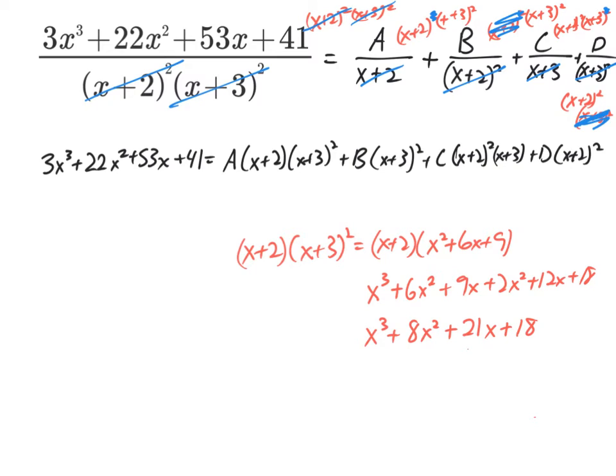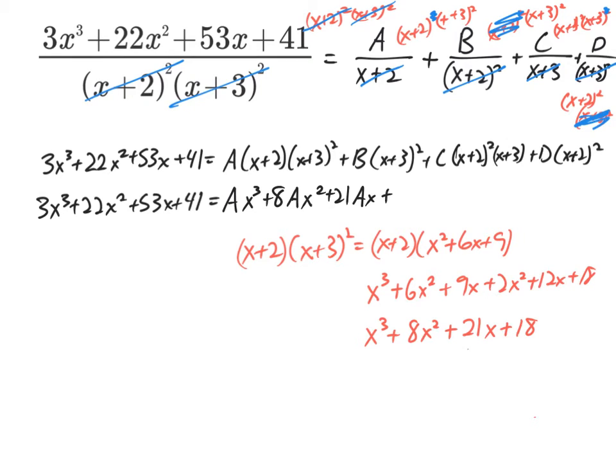So this is going to be 3x cubed plus 22x squared plus 53x plus 41. So this is going to equal A times all of this. So I'm going to plug an A into every single one of these. So I end up getting Ax cubed plus 8Ax squared plus 21Ax plus 18A.